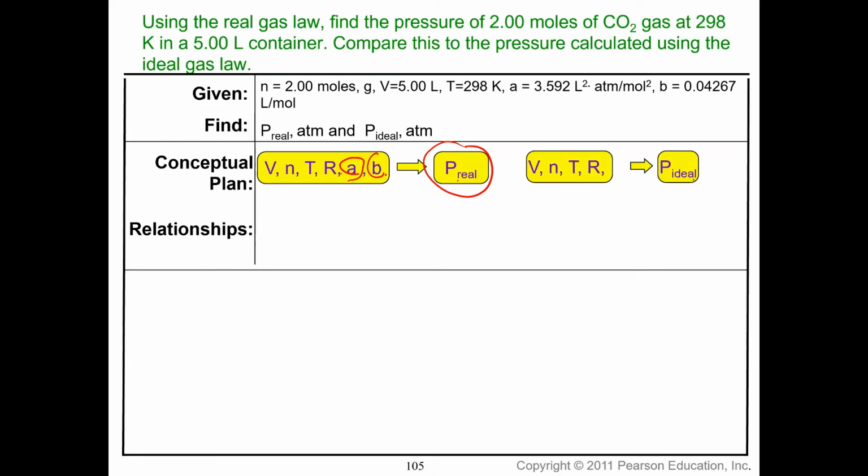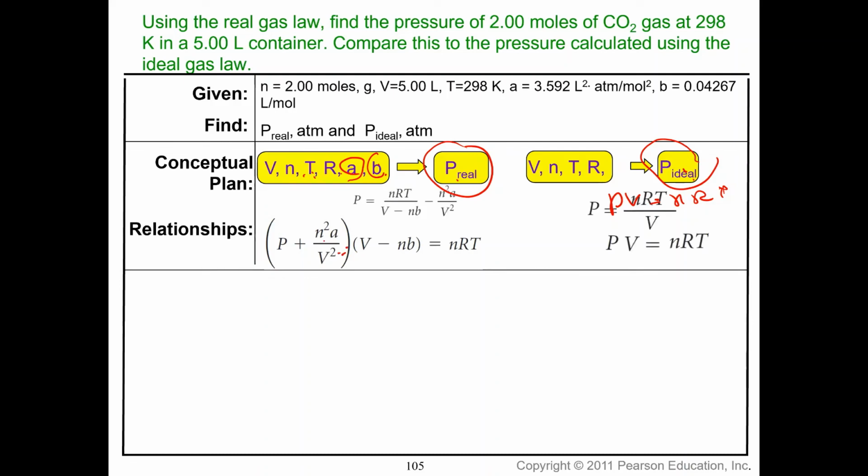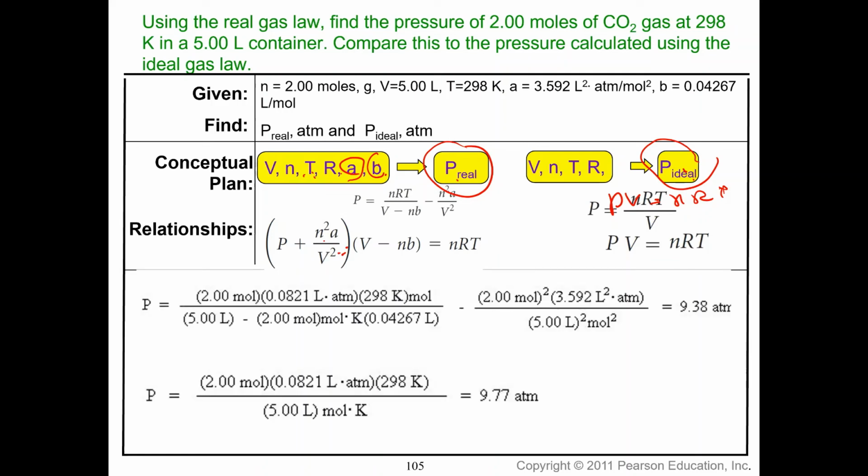And from the same information, you can also calculate the ideal pressure using the formula PV = nRT. Now for the real, you need to use this formula below here. All you have to do is put the information in there. This formula is this, and this one is this, and you come up with these two answers.